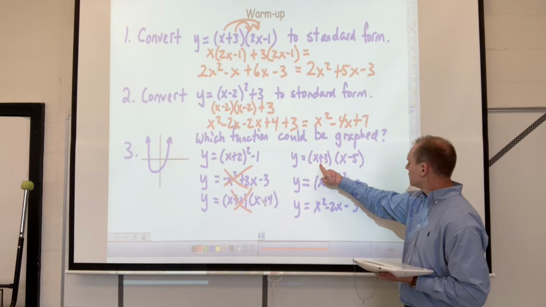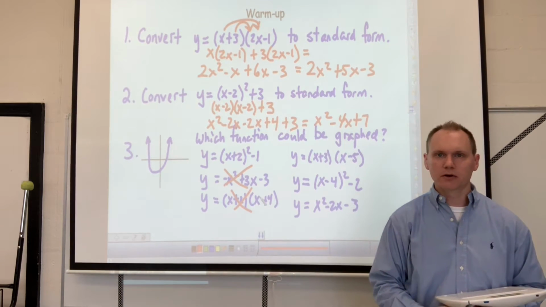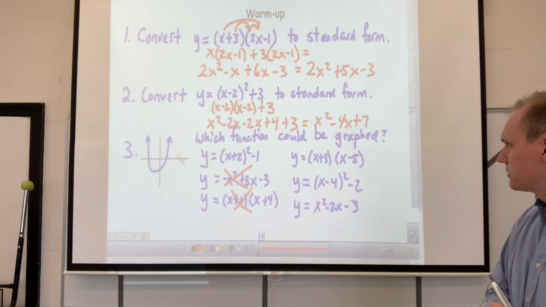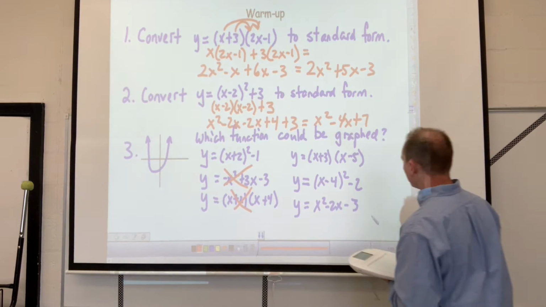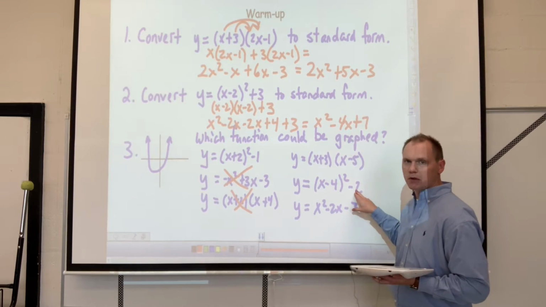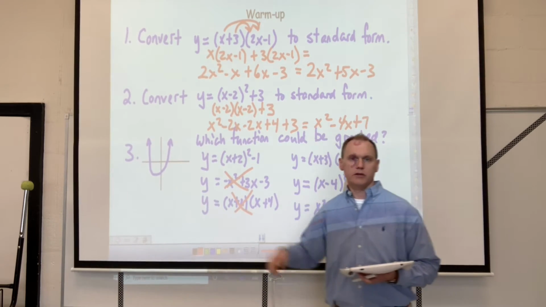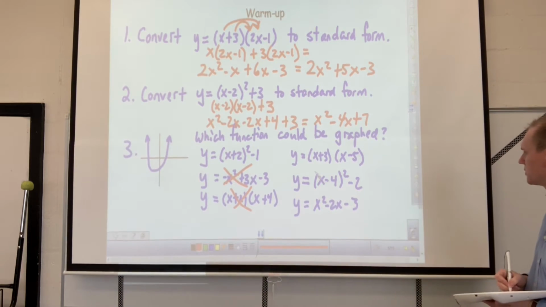This one has one x-intercept of -3, 0 and an x-intercept of +5, 0, which could be the case here. This one in vertex form we know has a vertex at 4, -2. And so the point 4, -2 would be down here, and that is not where the vertex is. So that one cannot be.